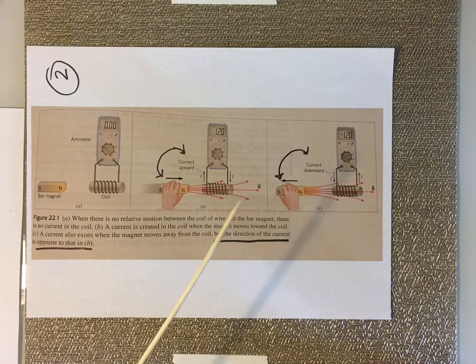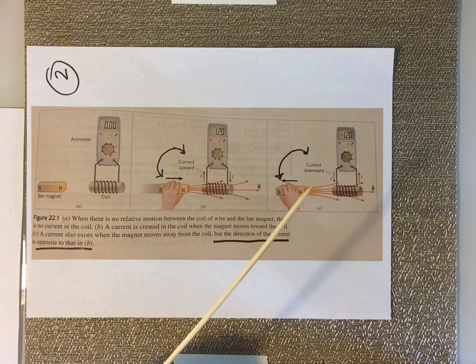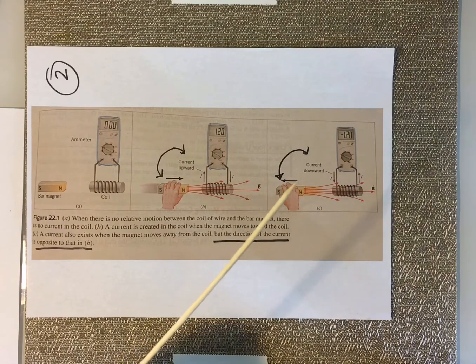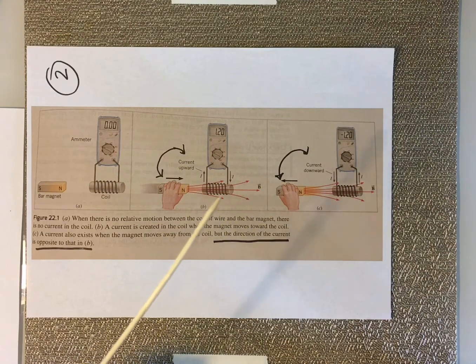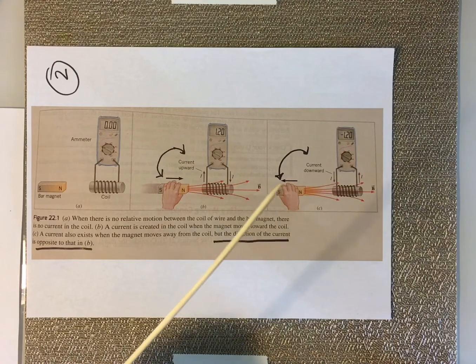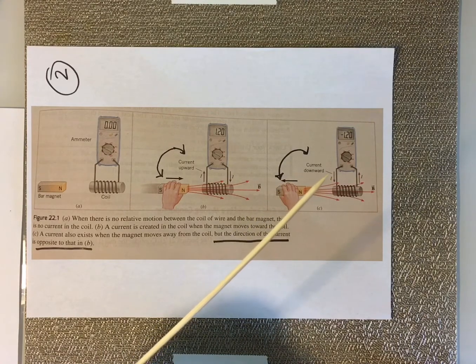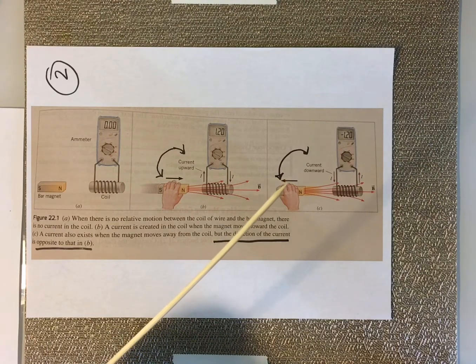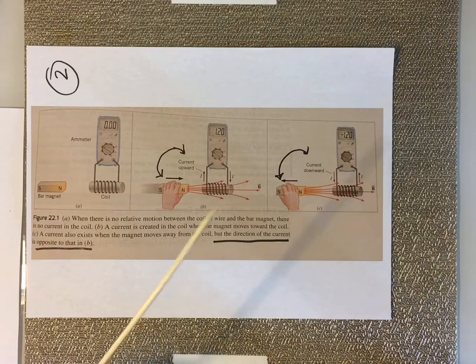The closer it goes, the more current will be produced in the coil. Then we come back, and slowly the direction of the current changes. As you move from figure C slowly to your left side, the current direction is reversed.